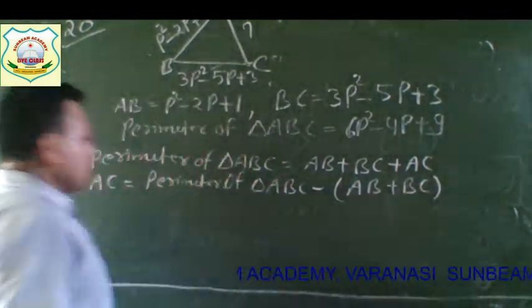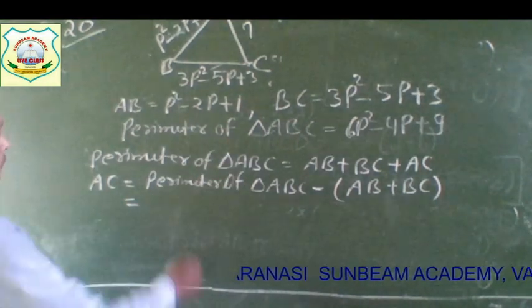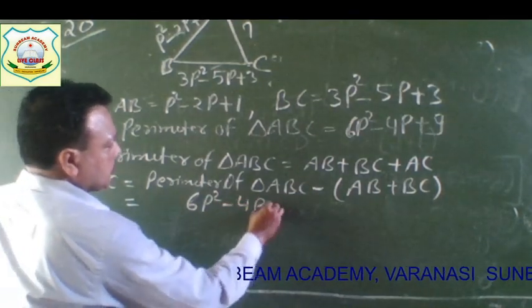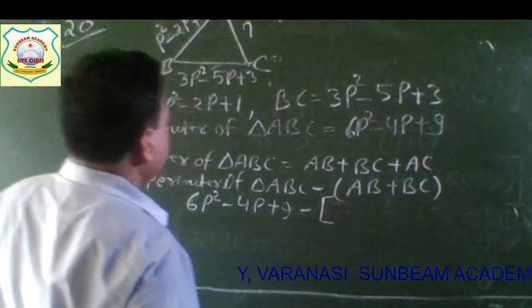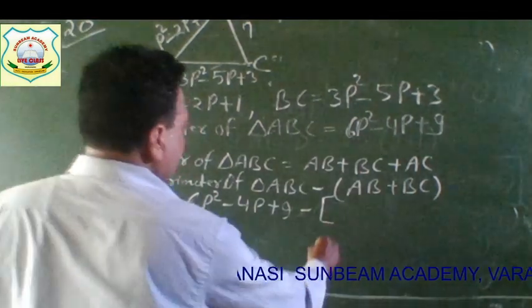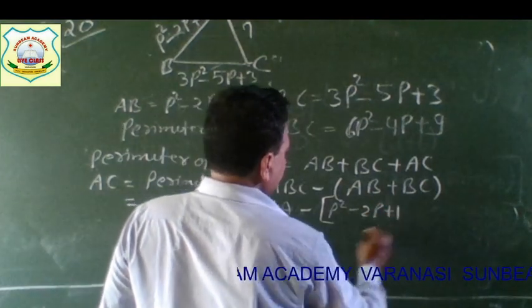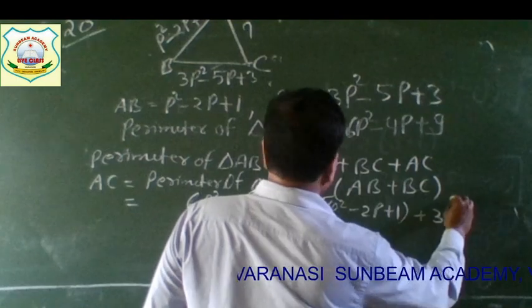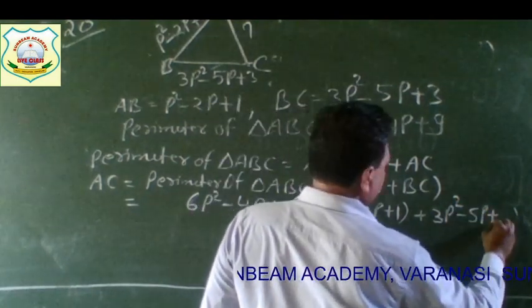Now the perimeter of triangle ABC we have is 6p square minus 4p plus 9, minus AB, which is p square minus 2p plus 1 within a bracket, then plus 3p square minus 5p plus 3.